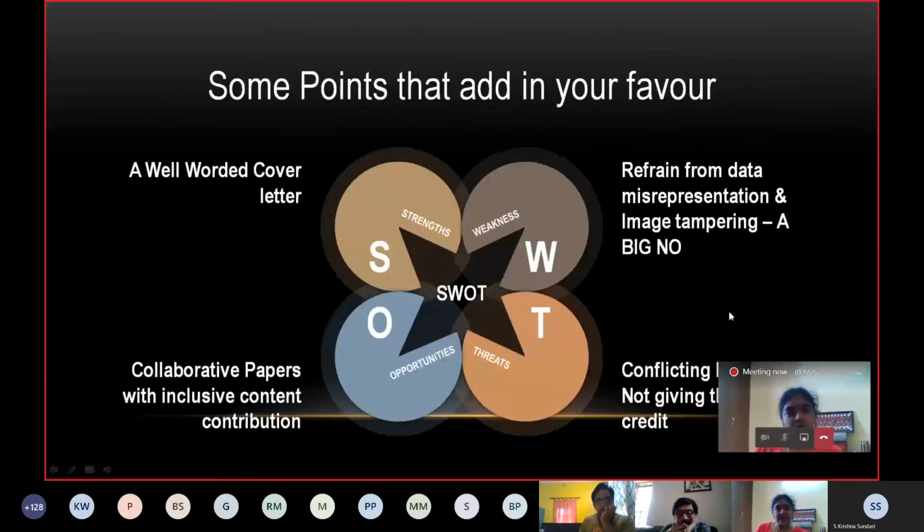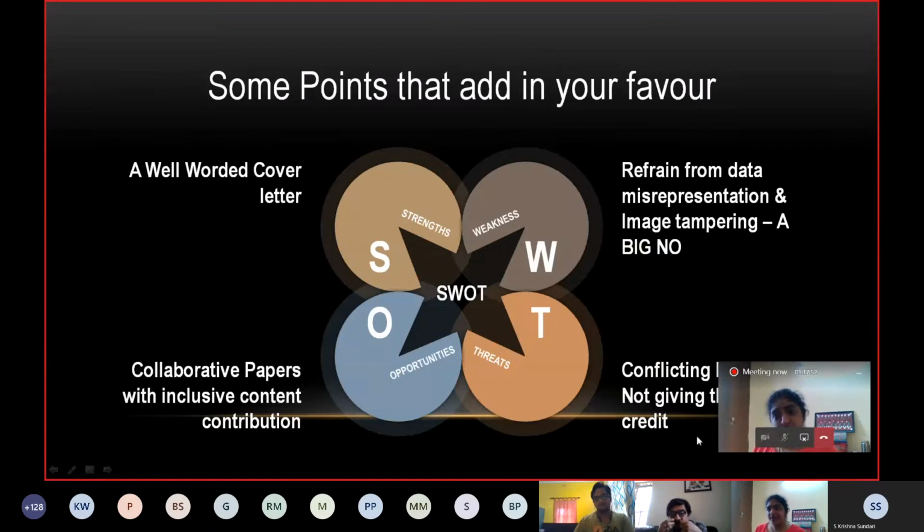Now, some points that will add in your favor. Refrain from data misrepresentation. Don't go for image tampering. It's very important; if you do that, it will become the weakness of your paper. Don't go into conflicting discussions, and don't fail to give rightful credit.